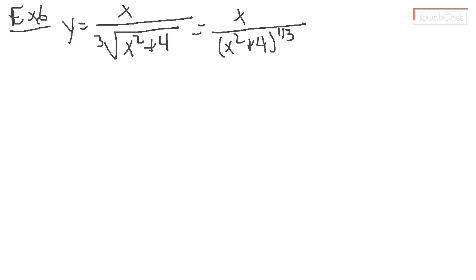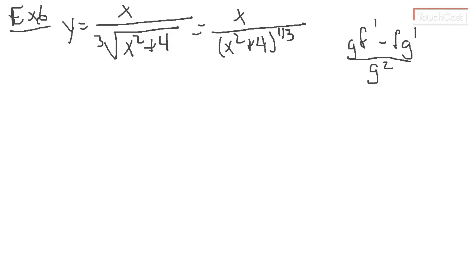Now, we could bring what we have in our denominator up and use the product rule like we did in our last example. I would like us, just for the sake of reviewing the quotient rule, to keep it the way it is and use the quotient rule, which, as a reminder, is we take our denominator times the derivative of our numerator minus our numerator times the derivative of the denominator over the denominator squared.